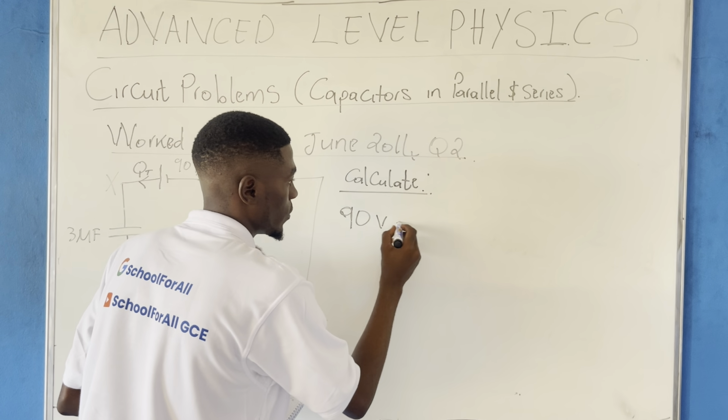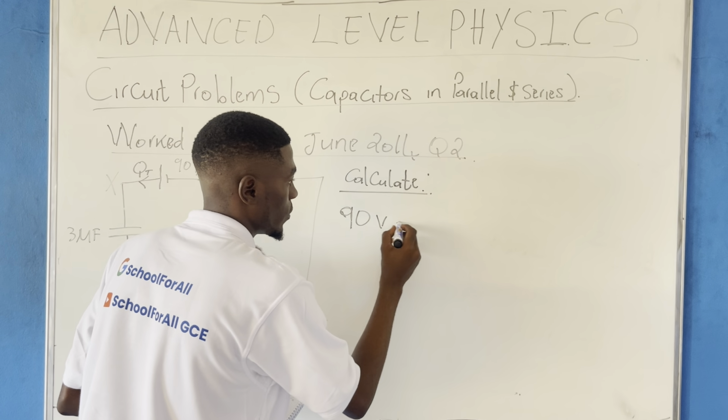The voltage across XY is the same as the voltage across the 3 microfarad capacitor. So from C equals Q over V, the voltage across the 3 microfarad, if I make V the subject, is simply equal to the charge flowing to the 3 microfarad, and that charge is who?